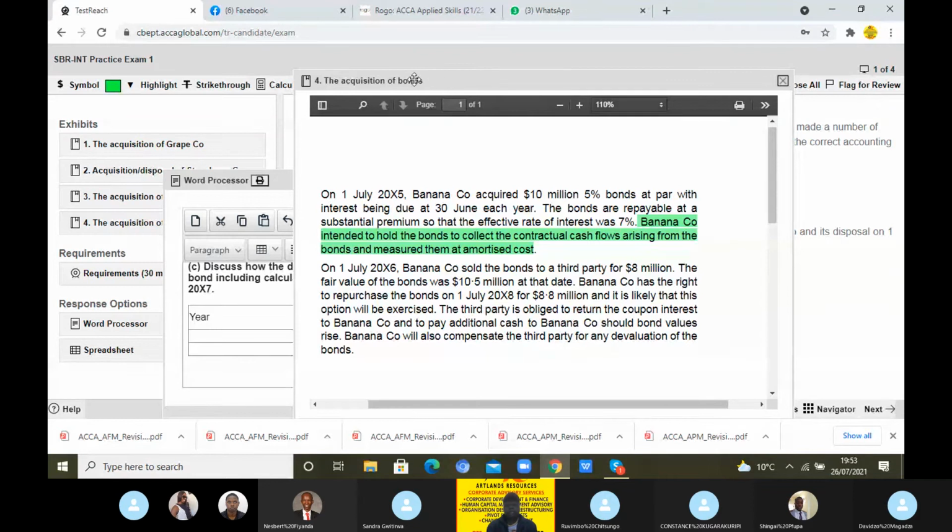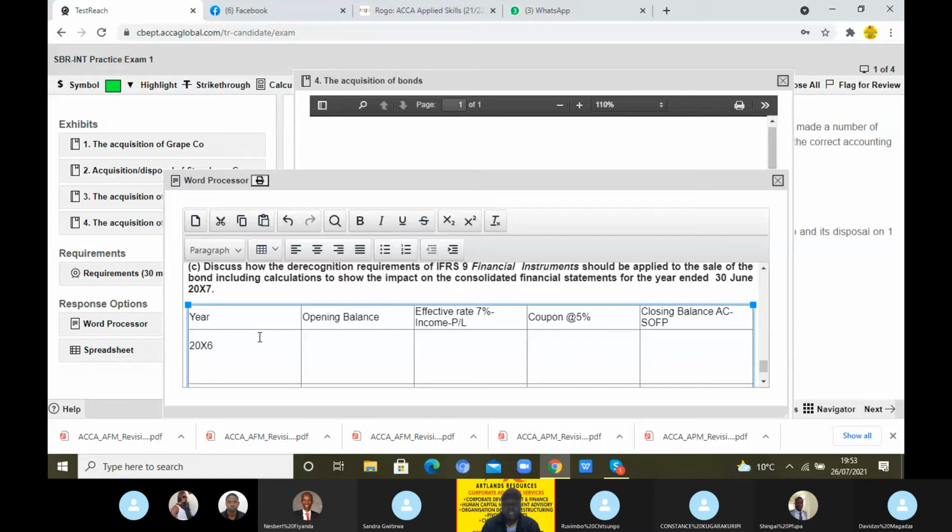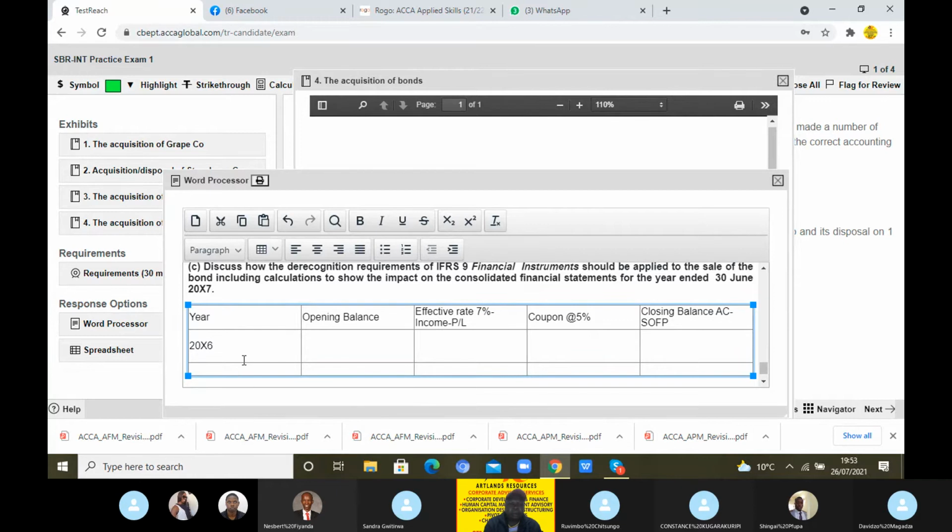So there are 2 years now from when it purchased in 20x5. The first year was 20x6, from 20x5 to 20x6, and then the second year was 20x7. So here is how the bonds should be accounted for.